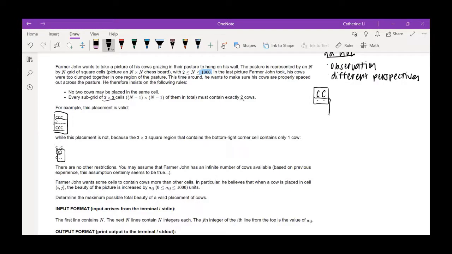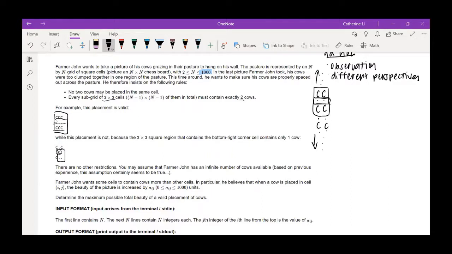Then the next subgrid has to have two cows, and this goes on: two dots, two cows, and so on. This applies going up as well. So both of these directions alternate between two cows and two dots.